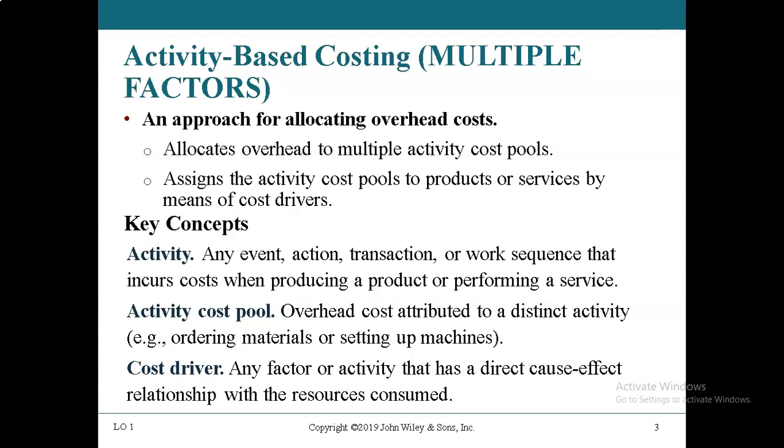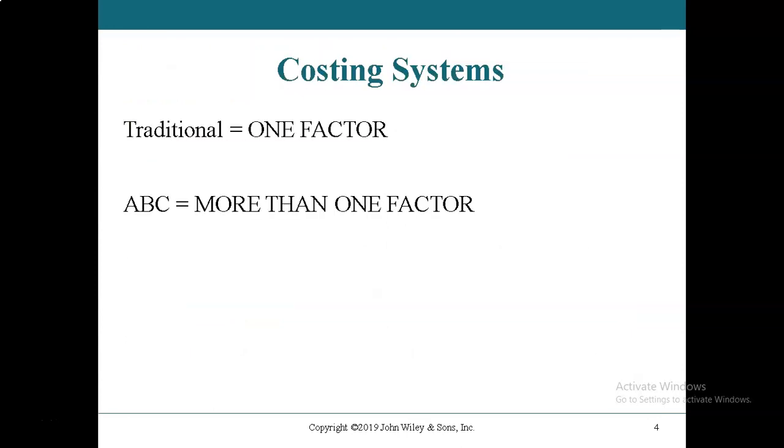Activity-based costing, or ABC, is usually more accurate than traditional costing. It's also more work and more complex. The thing you need to know is that traditional costing is going to use one factor for manufacturing overhead. ABC is going to use more than one factor.